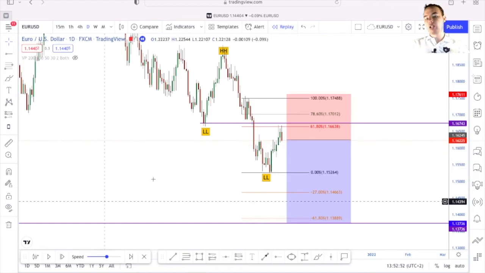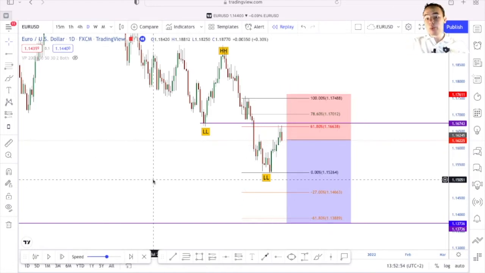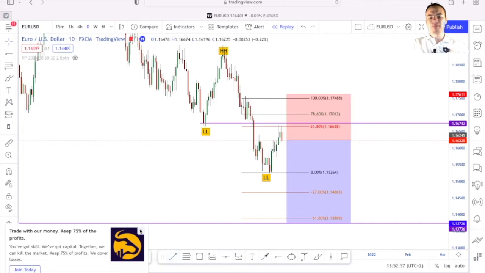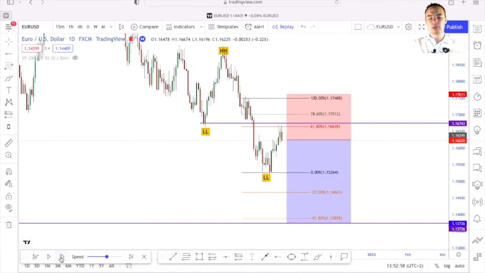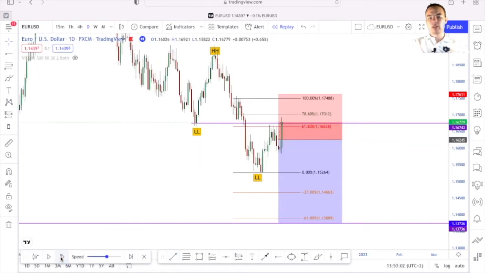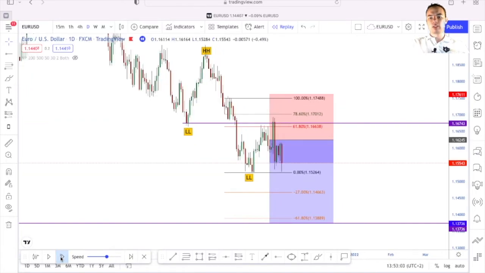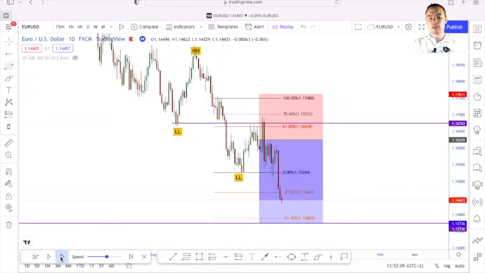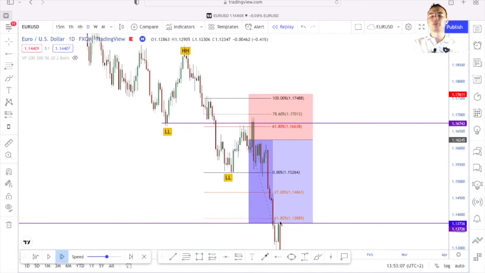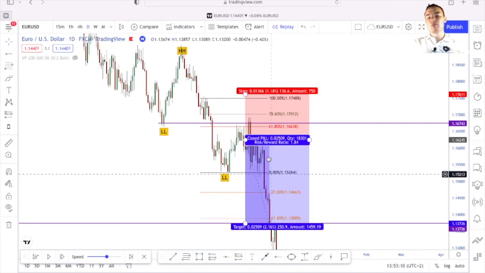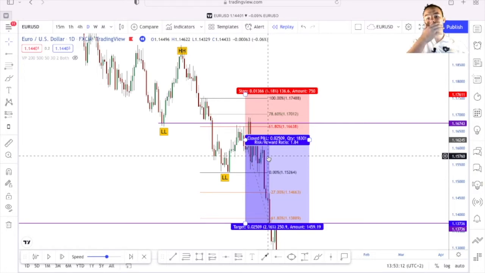So even if the trade went my way, which I think it did, let me just, yeah, okay, would have hit take profit. However, that risk to reward is very important.